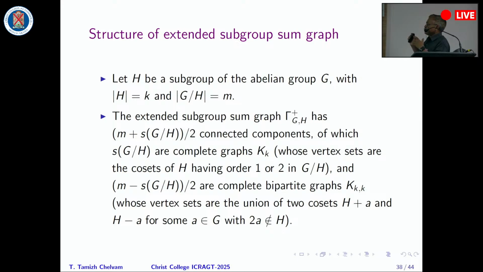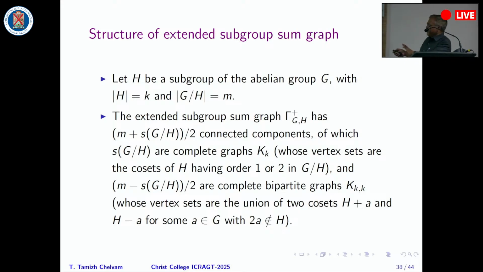Of course, I am reminded of the fact that there is a notion called the total graph of a commutative ring. You take a commutative ring R, you take the non-zero elements of R as the vertices, and two vertices are joined provided their sum is a zero divisor in R. That is the same structure.